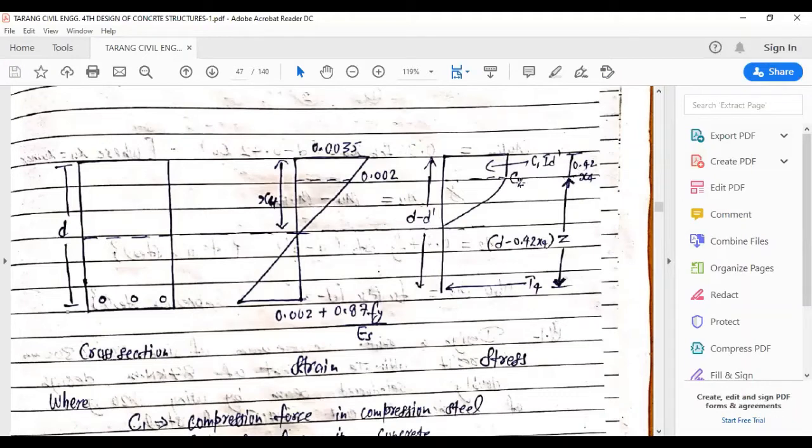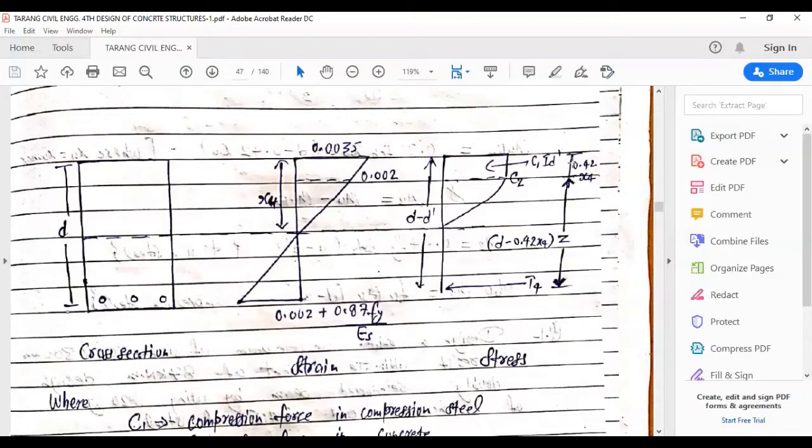This value is C2, which represents compression force in concrete, and C1 represents compression force in steel. From C1 up to the tensile force, the value is D minus D dash, and D dash is the cover.